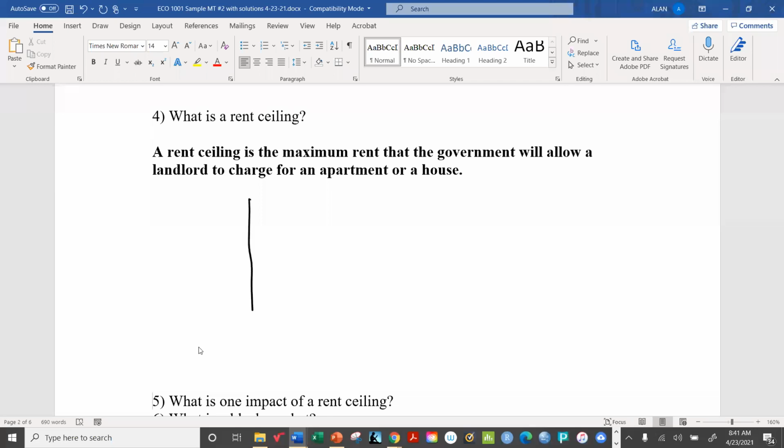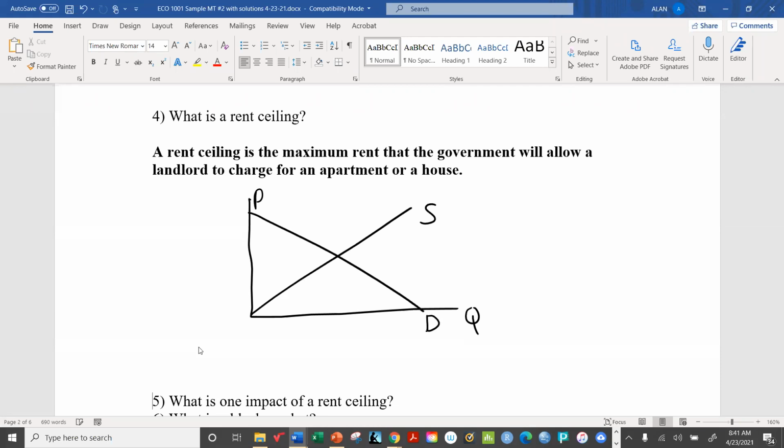So for example, let's say we have a rent ceiling. And let's just say that the equilibrium rent in the city is $3,000 a month, and the quantity is, I don't know, let's say 10,000. It's a fairly small city.